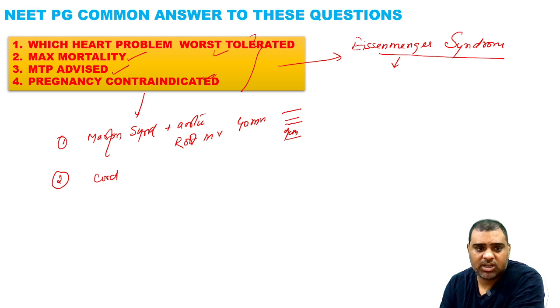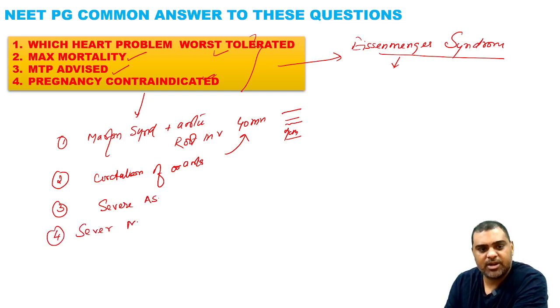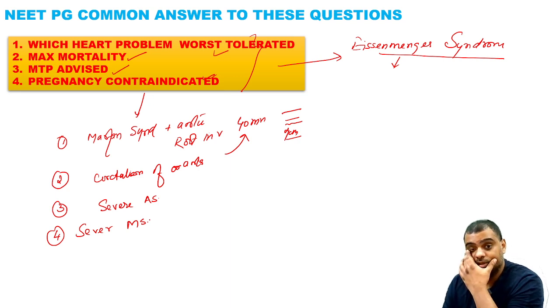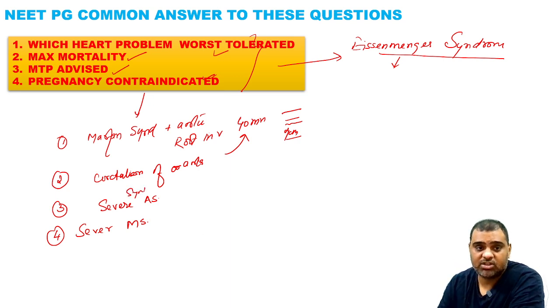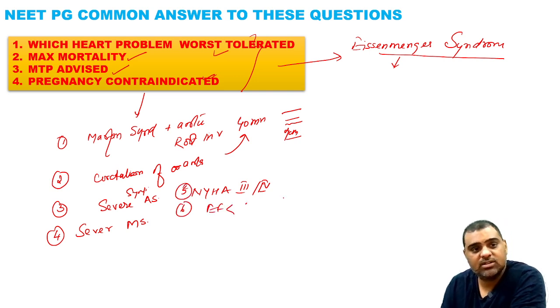Second, coarctation of aorta with aortic involvement. Third is severe aortic stenosis, severe mitral stenosis, severe symptomatic aortic stenosis, NYHA grade 3, 4, and ejection fraction less than 30%.